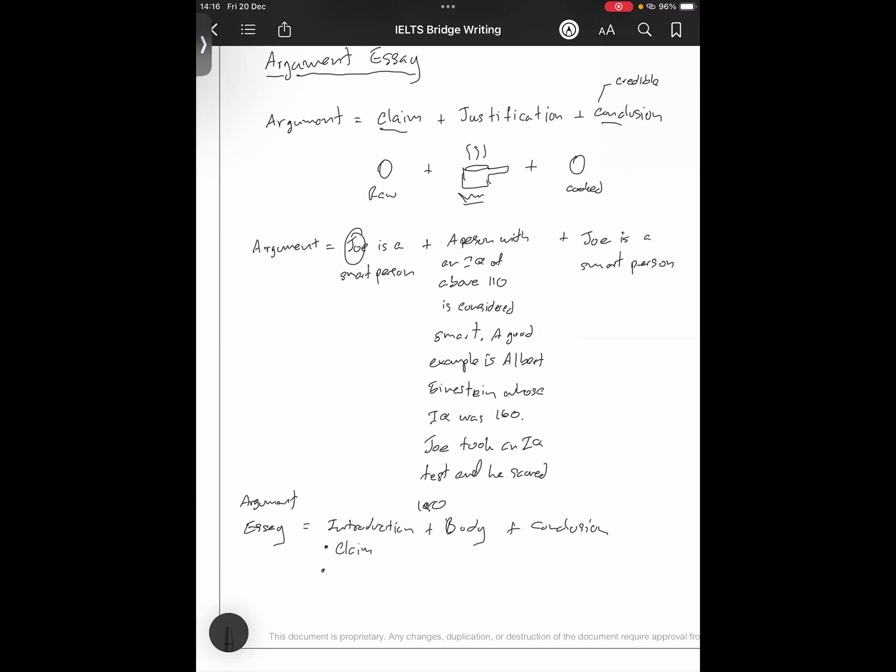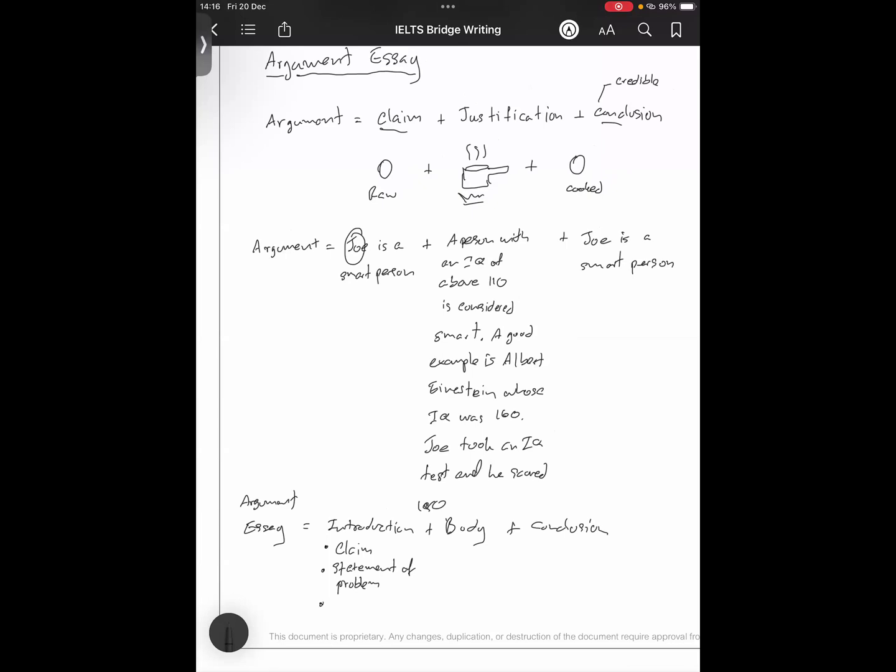But it also includes statement of problem.